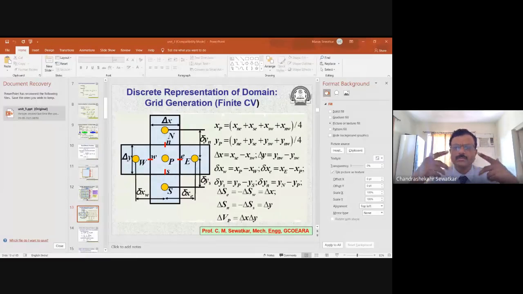Those cells are represented in terms of cell centers, and those cell centers are nomenclated using running indices I and J. The geometrical parameters like x and y coordinates of the cell centers are determined. The sizes of the cells are determined. The areas of the faces of the cells are determined. Distances between neighboring cell centers and the cell center under consideration are also determined, and the volume of all the cells is also determined. I hope I am able to communicate what grid generation is.